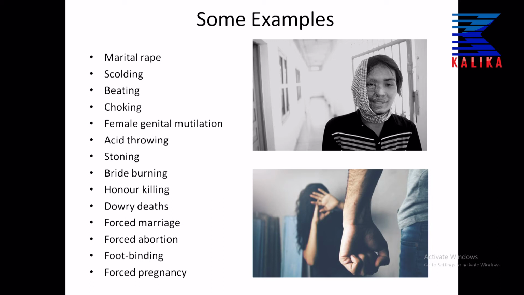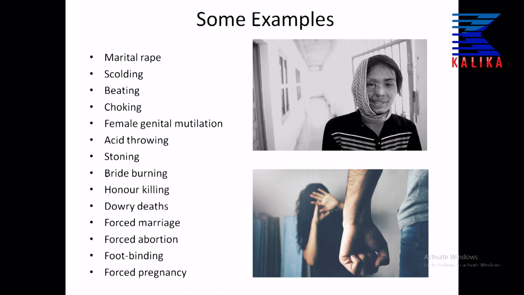Scolding, beating, choking, female genital mutilation, acid throwing, stoning, killing someone by throwing a stone. In the old age, it was quite practiced. Bride burning, honor killing. This honor killing may be new for you. In some of the religions, if a female is found to be guilty in some of the activities as per their religious rule, the females are killed.